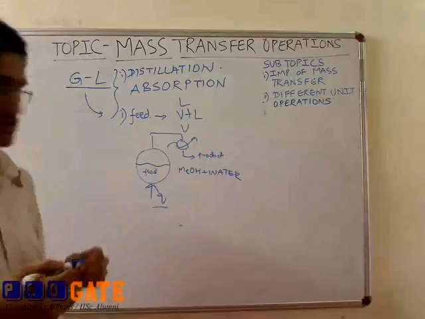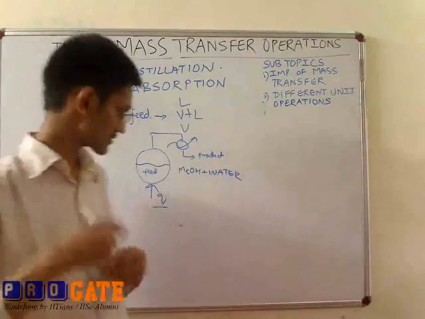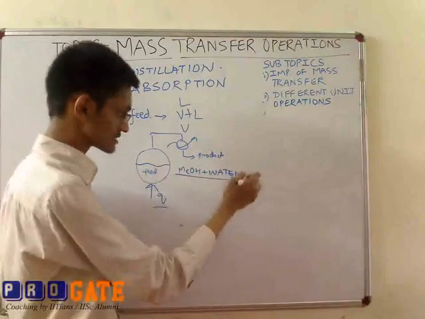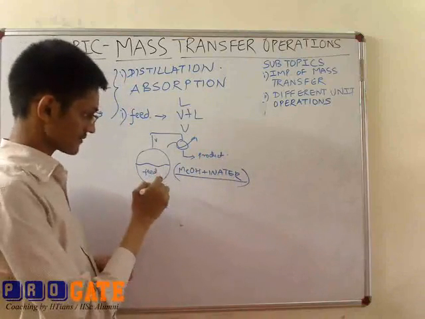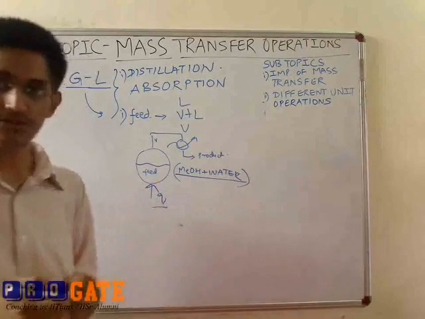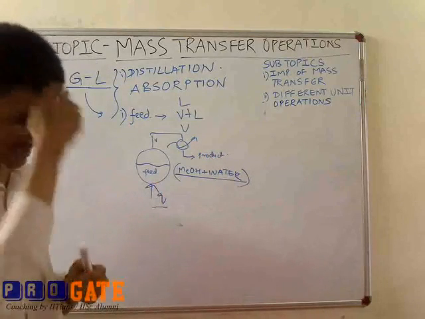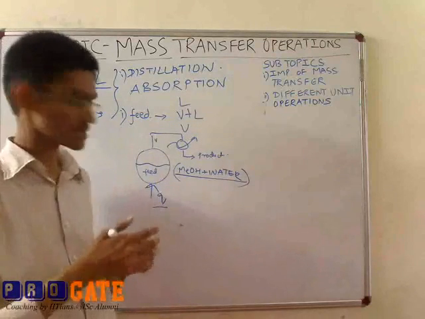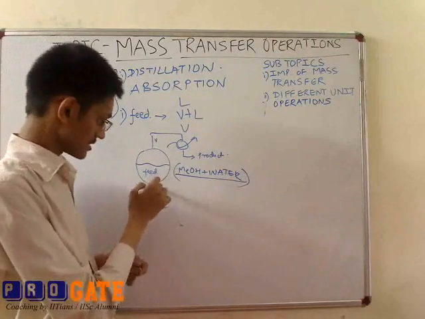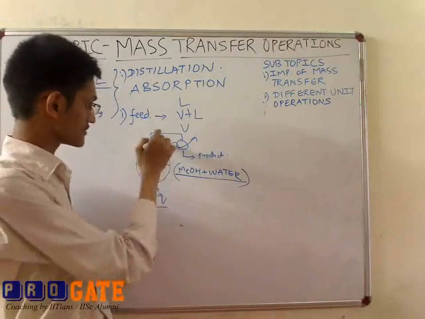You get the product which on condensation gives the liquid. So what we have achieved is, initially we had a homogeneous feed. This homogeneous feed, due to the heat input, with the temperature changes involved, starts vaporizing depending on the heat input which we have provided. So what we have is vapor.